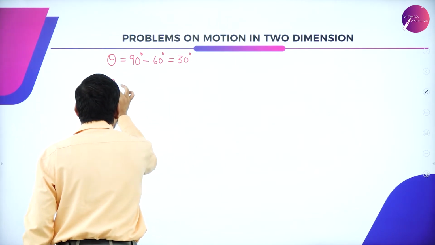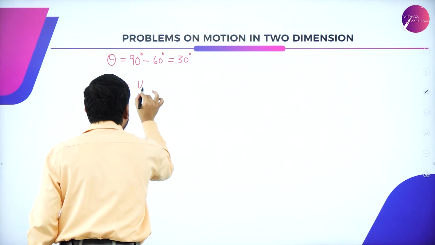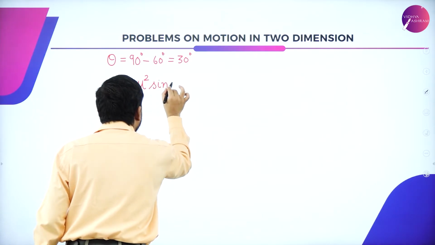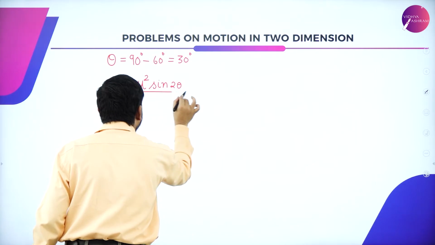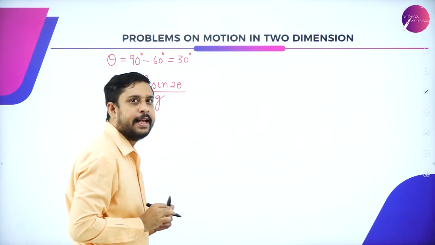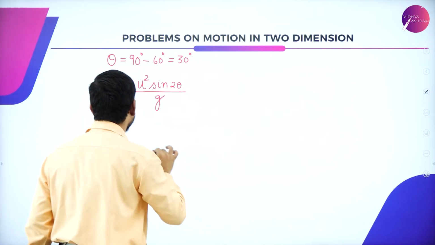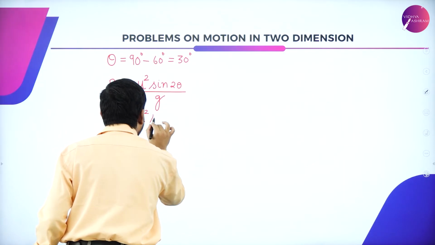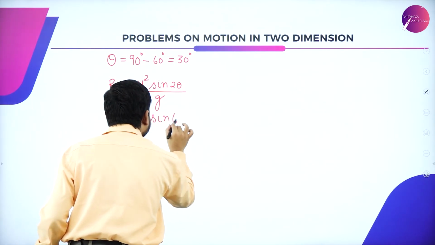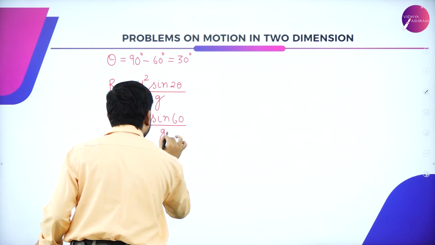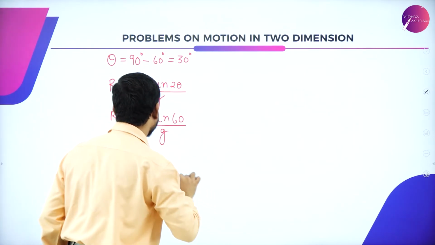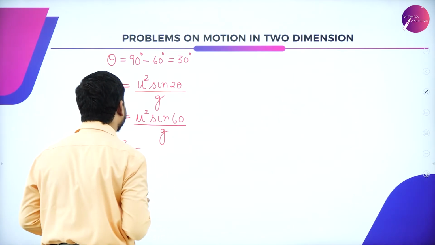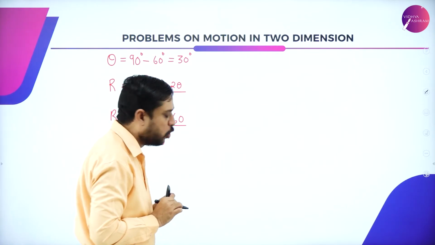Now we know range is u square sin 2 theta by g. Expression for range or R is u square sin 60 by g, or here u square becomes equal to, so what is u square there?